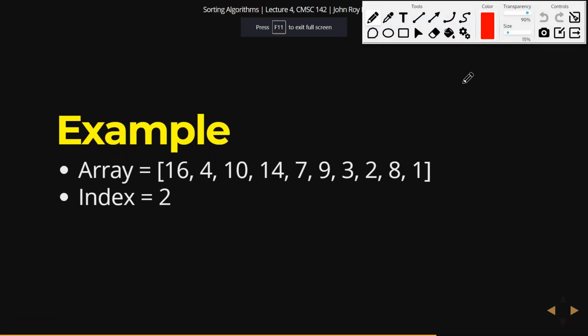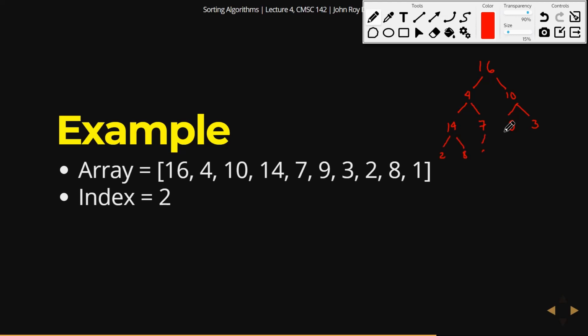We have 16, 4, 10, 14, 7, 9, 3, 2, 8, and then 1.